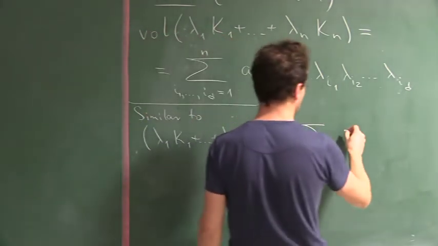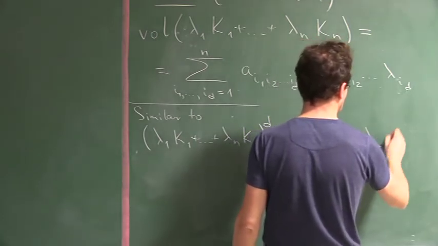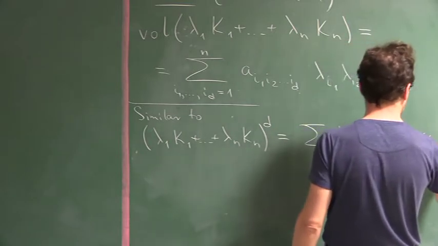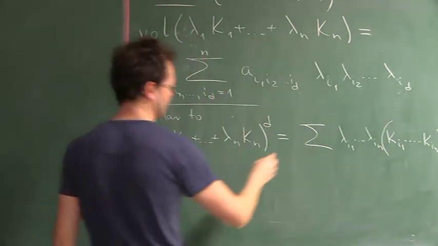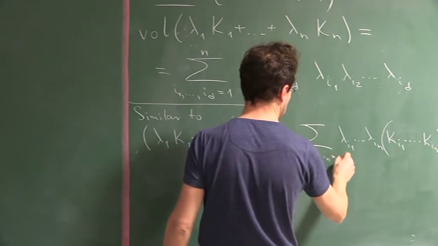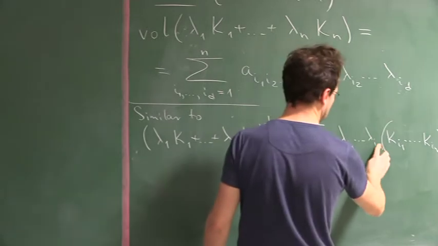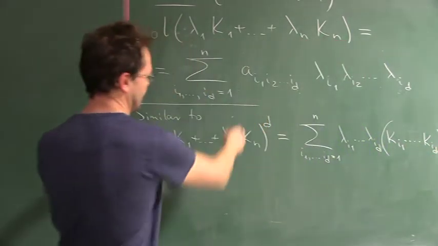So this is the sum of lambda I1, lambda ID, K I1, K ID. And this is sort of a formal product of these bodies. Sorry, this is ID because we have power d.